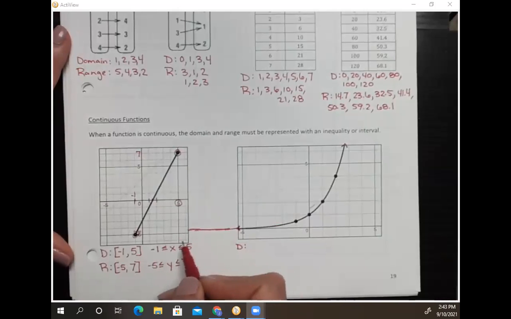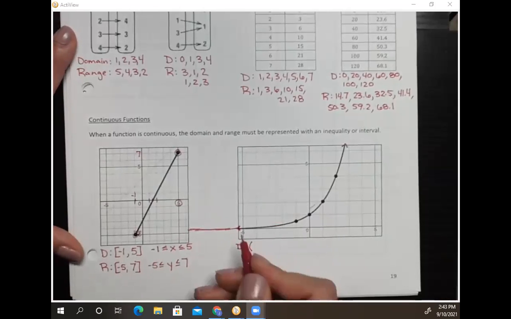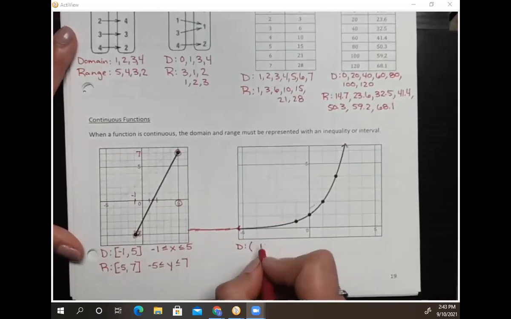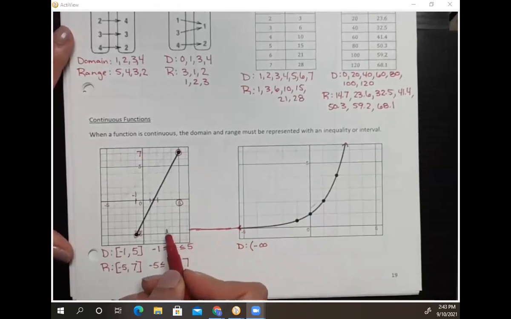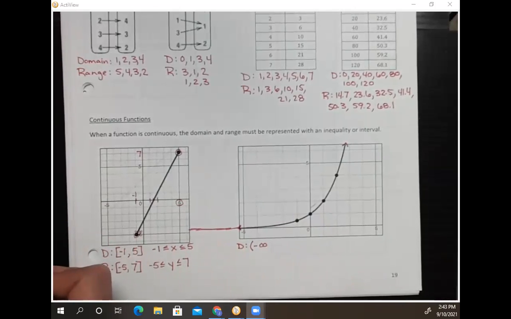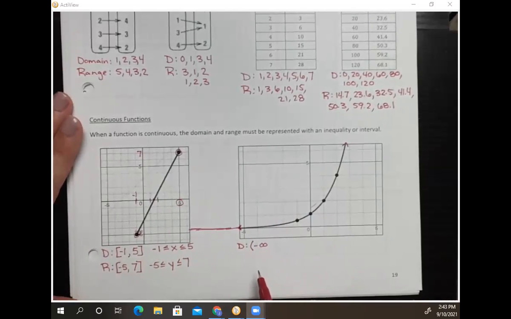No. Since it's going to keep going and there is no farthest left point, then I'm going to represent the sort of left end of my domain, the lower end of my domain, as -infinity. Remember, the left side of the graph is where I have negative x values. So what I'm saying here is x is going to become smaller and smaller and smaller negative numbers forever because I never run out of graph. So the lowest I could possibly get would be -infinity.